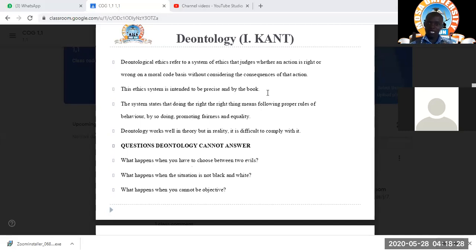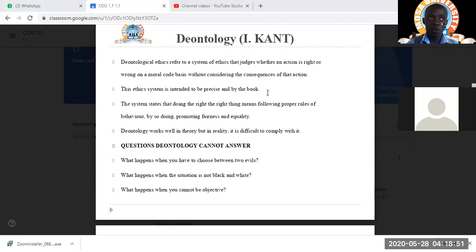Okay, we're saying questions that may be asked and cannot be answered using the theory or ethics in deontology. For example, what happens when you have to choose between two evils? What this means is that what happens when the only way of saving an individual is by you choosing between this lie and that lie.